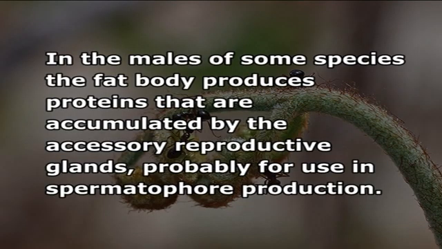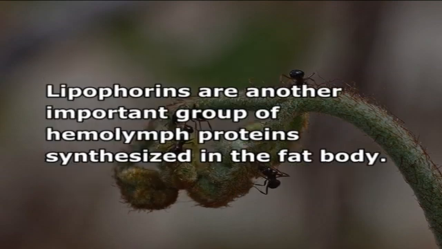In female insects that do not feed as adults, for example Bombyx, the storage hexamers are the source of the amino acids for vitellogenin production, which occurs during the adult stage. In the males of some species, the fat body produces proteins that are accumulated by the accessory reproductive gland, probably for use in spermatophore production.